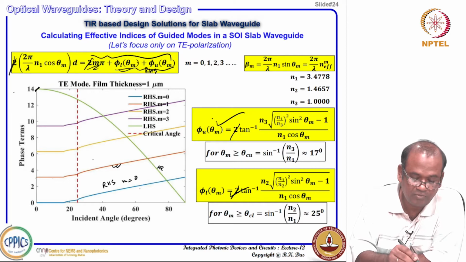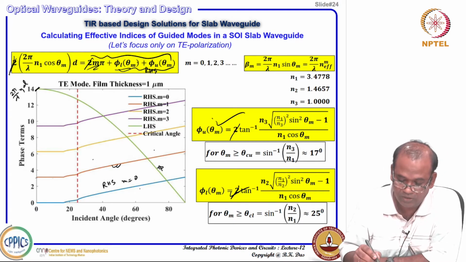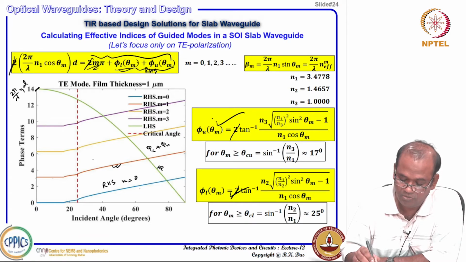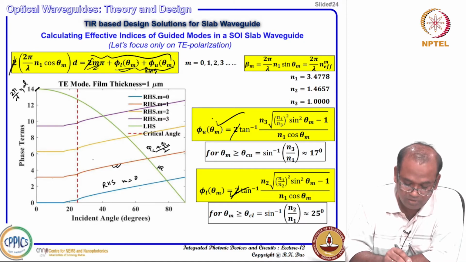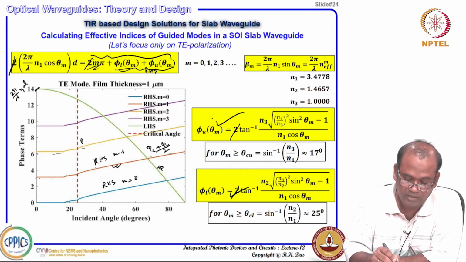So, that means this value is nothing but 2 pi by lambda n 1 d. D is the thickness of the film, that is this one, and this one is basically phi l plus phi u by 2, whatever value divided by 2 is plotted. So, if you just add m equal to 1, you get this plot, and m equal to 2 you get this plot, of the right hand side for m equal to 1, for m equal to 2, for m equal to 3.